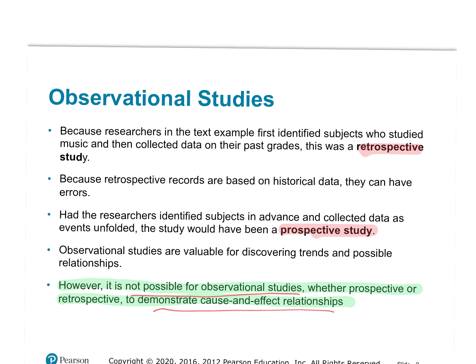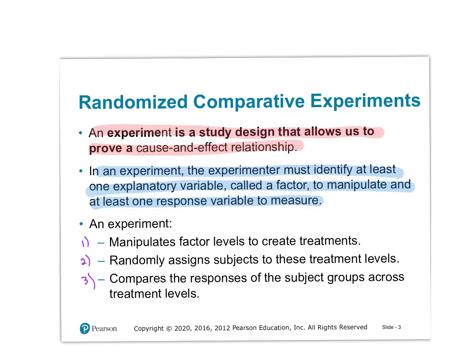As I was saying, the only true thing that we can use to talk about cause and effect, so X causes Y, is an experiment, and it's got to be done correctly, or even then you can't say X causes Y, okay? So an experiment is a study design that allows us to prove a cause and effect.